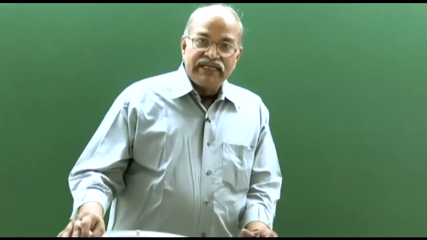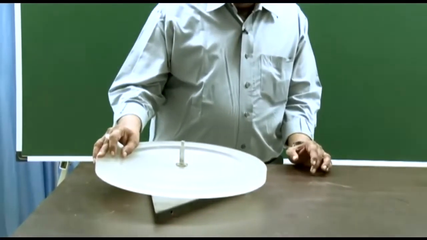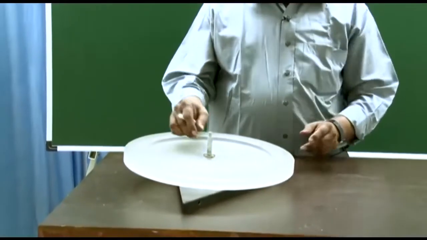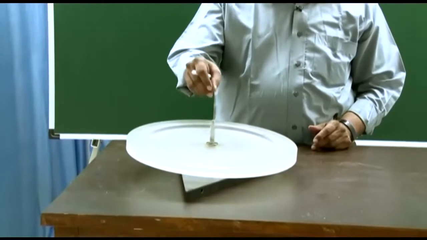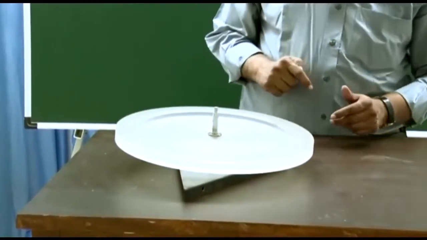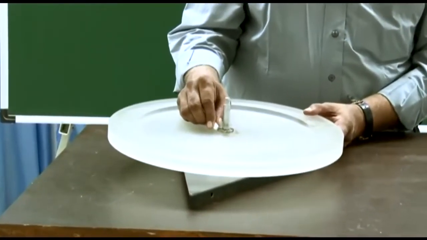So, here I have a disc, and we can create a rotating frame of reference from this disc. Let us say that this vertical line is the z axis, and the x and y axes you can draw on this disc.